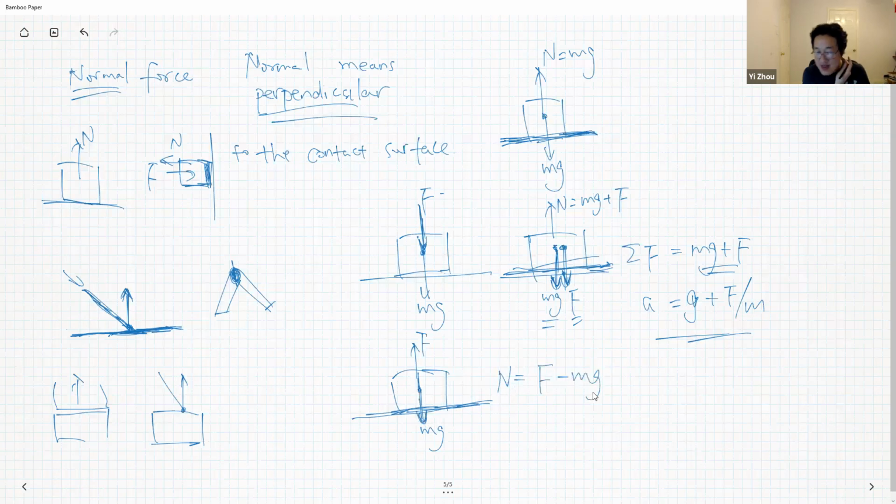What's the direction of this normal force? It depends on how big F is. Okay, let's see.